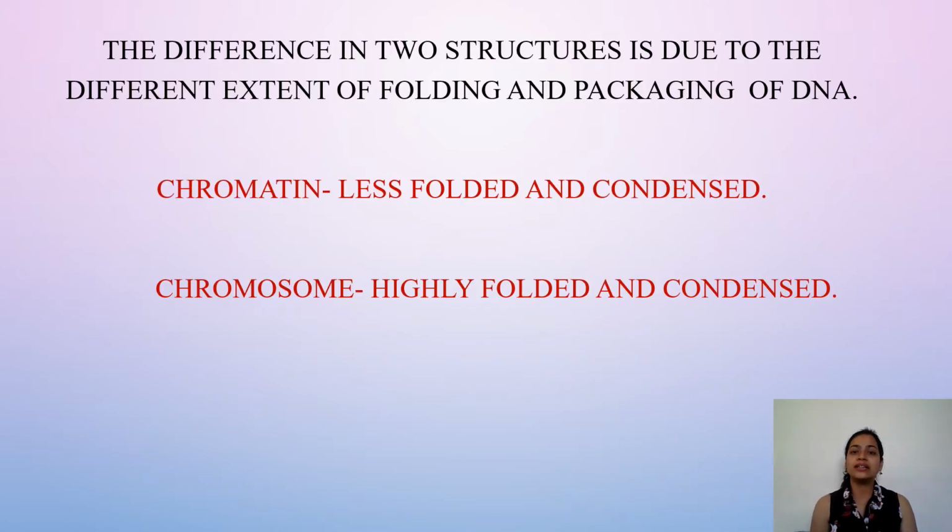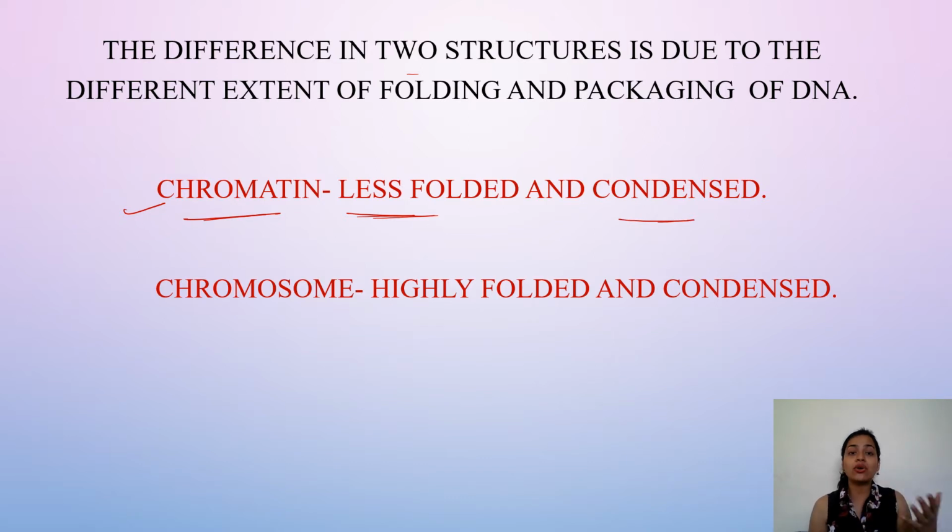See here, the difference in the two structures is due to the extent of the folding and packaging of the DNA within them. For example, in the case of chromatin, DNA is folded, but it is less folded and less condensed.